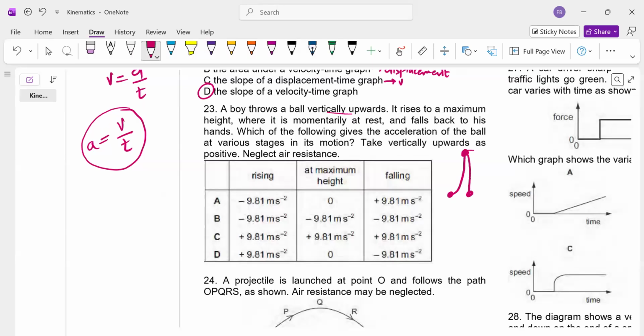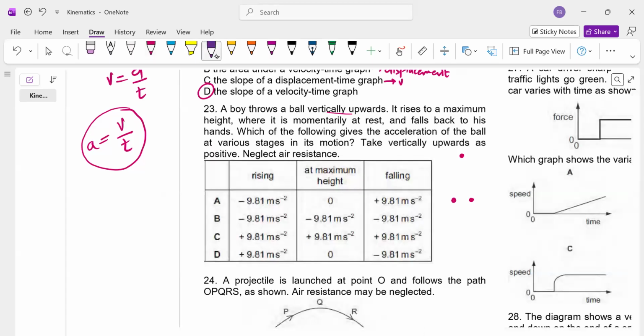So what will be the acceleration at various stages? When it's rising, when it's thrown upwards, it's positive 9.81. Then at maximum height it's 0.